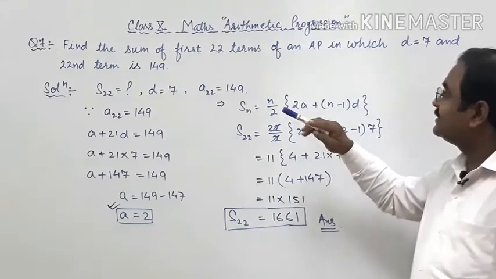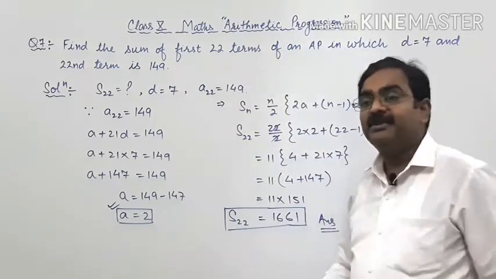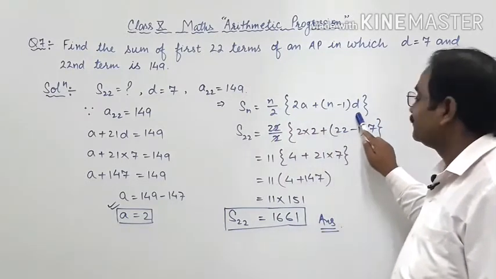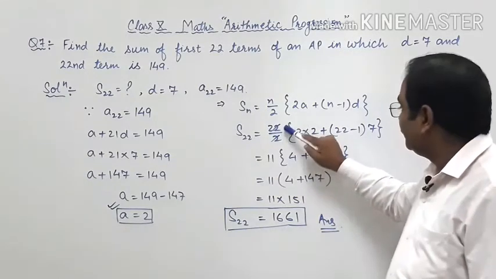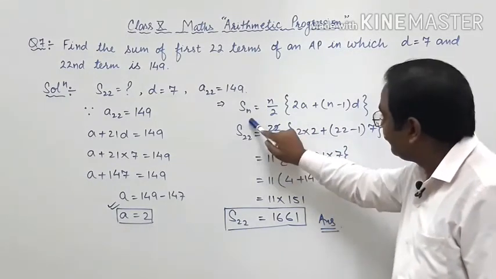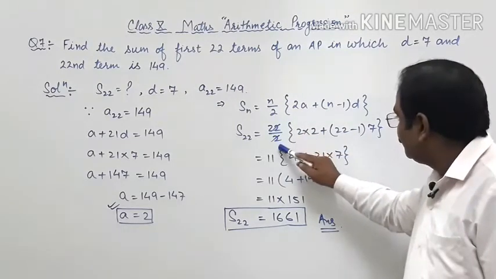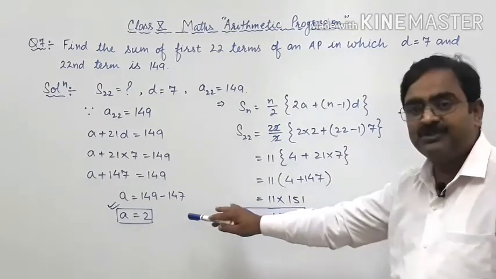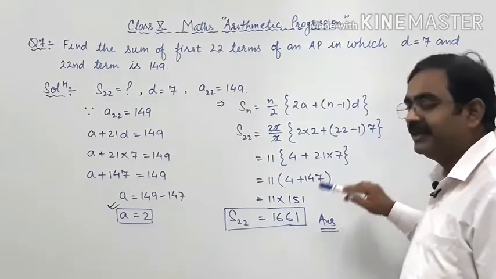After that it was asking S22, so we have to start with the Sn. Sn is equal to n upon 2 into 2a plus n minus 1 into d. So S22 is equal to 22 upon 2, means in the place of n we have substituted 22. So 22 upon 2 into 2 into a, the value of a was 2, 2 twos are 4, into 22 minus 1 into d.